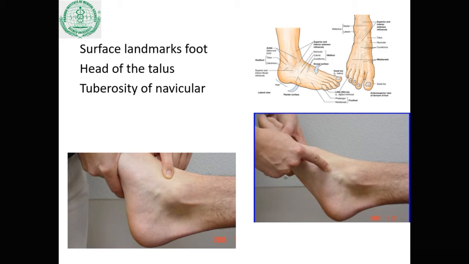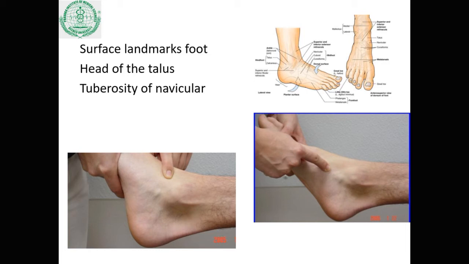Then the navicular tuberosity, this is a very important landmark, and this is felt around 2.5 centimeters in front of the sustentaculum tali. Now here lies your sustentaculum tali. Now what is that? This is vertically felt around 2 centimeters below the medial malleolus. So this is the medial malleolus, 2 centimeters below it lies your sustentaculum tali.